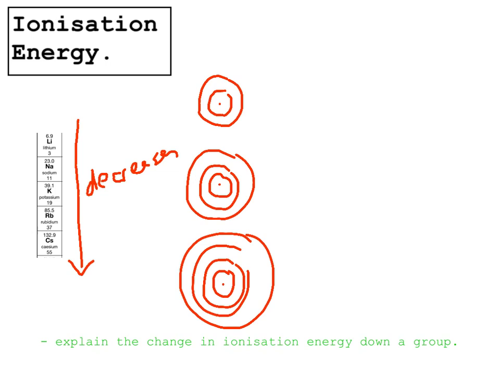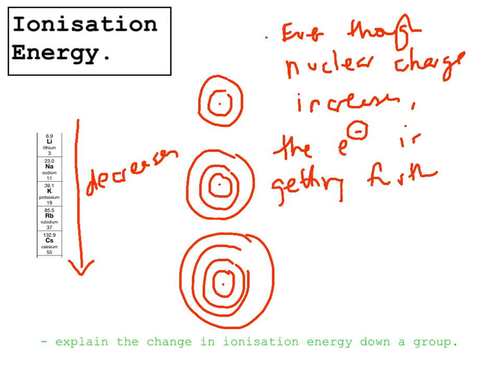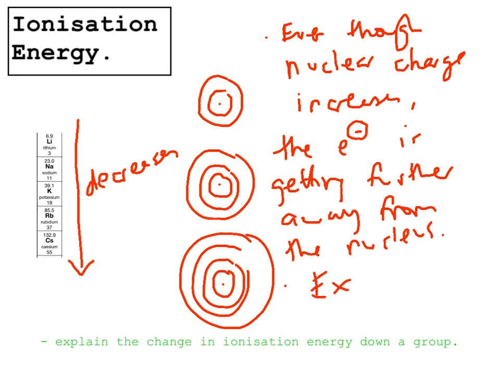So to answer a question on this, you'd say, even though nuclear charge is increasing, the electron is getting further away from the nucleus, and there is also extra shielding as well, or extra electron shielding if you like.